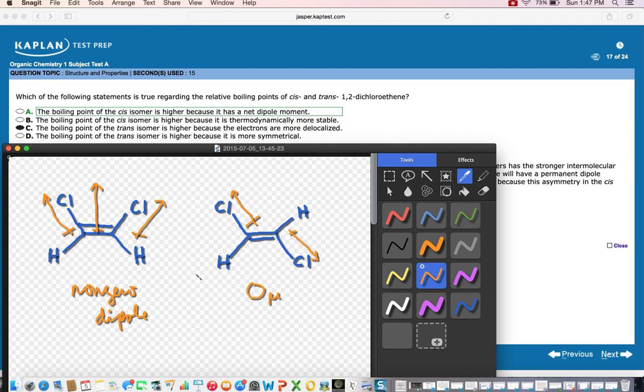So if I'm looking at IMF, I've got to look at dipole moment in terms of IMF.